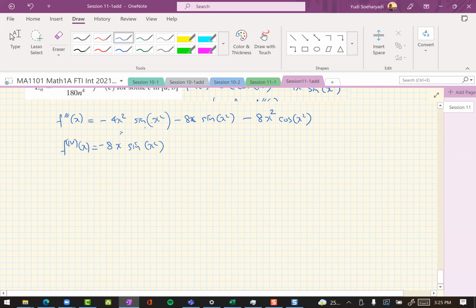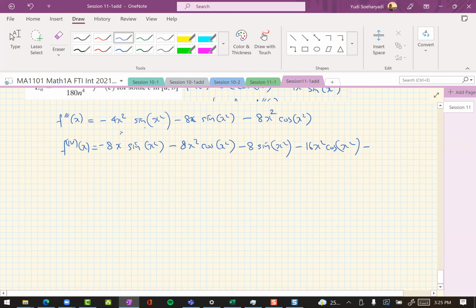And then the derivative of sine is cosine, 2x, so minus 8x squared cosine x squared. And then we have the derivative of this 8 sine x squared, sine becomes cosine, so it's x squared sine x squared.